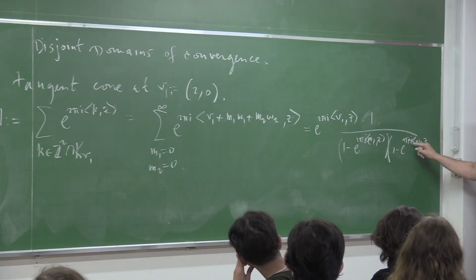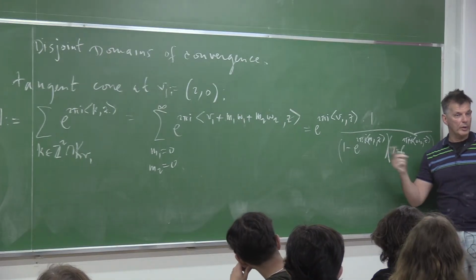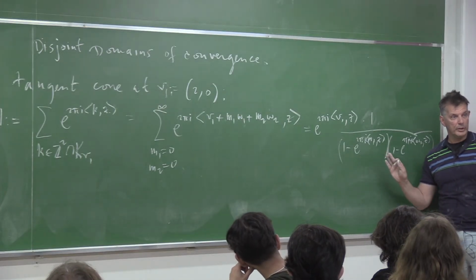You can write this in terms of q's, but I prefer right now to write it in terms of exponentials. I'll go back and forth, like we said. So far, so good?